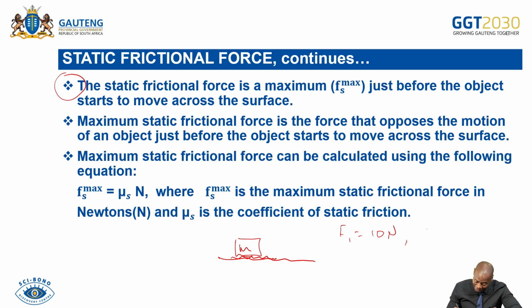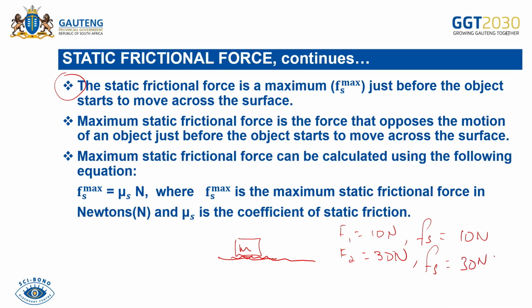It means that the static frictional force is still 10. I increase the force applied on this object maybe to 30. Let's say the object still does not move. So if an object does not move, it means that even the static frictional force is going to be 30 newtons.